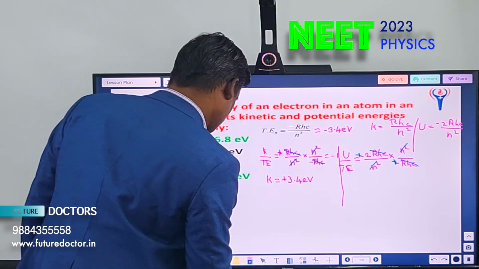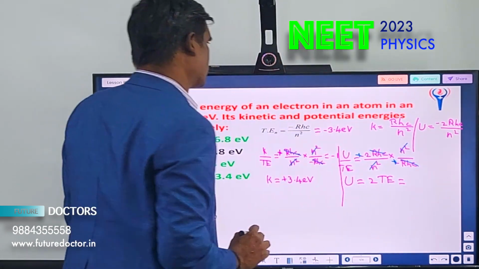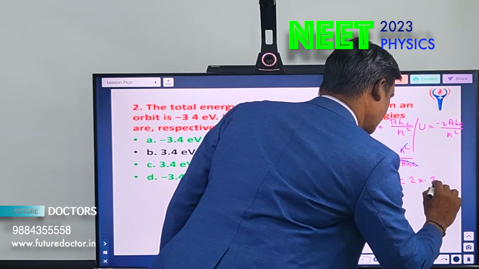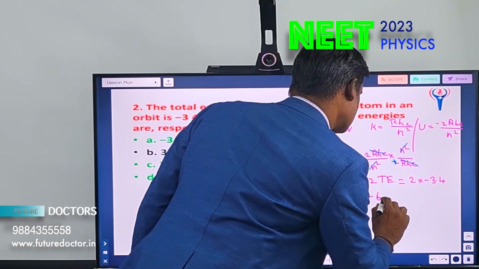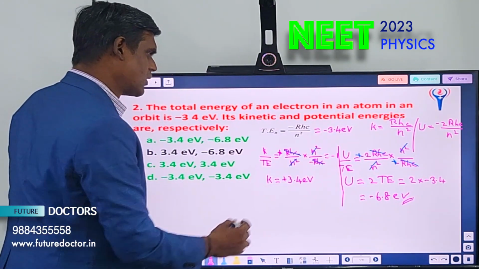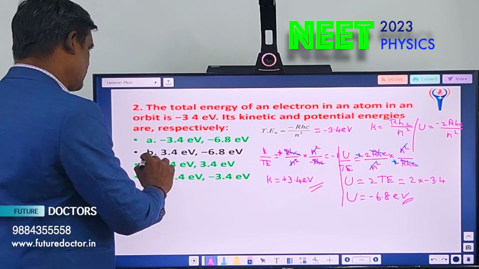Then U equals 2 times the total energy. Total energy is given already as minus 3.4 eV. So 2 into minus 3.4 eV equals minus 6.8 eV. Okay, so which option? Kinetic energy 3.4 eV and potential energy U equal to minus 6.8 eV. Option B is the correct answer.